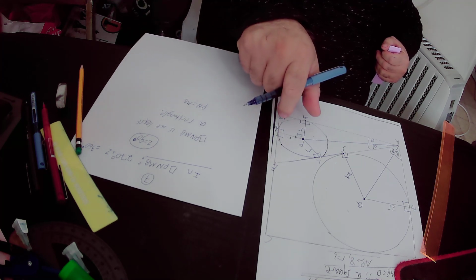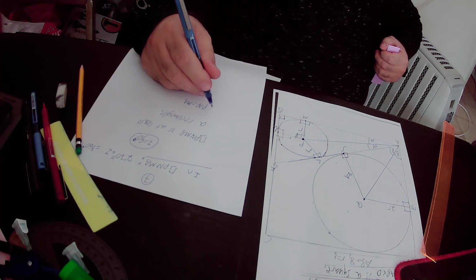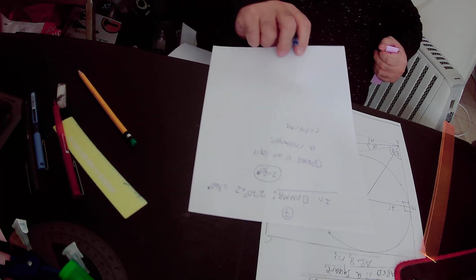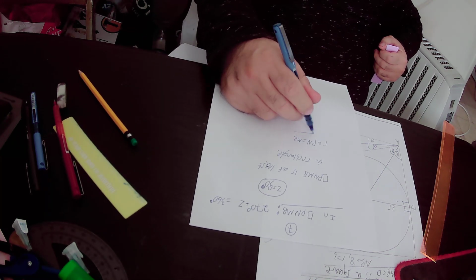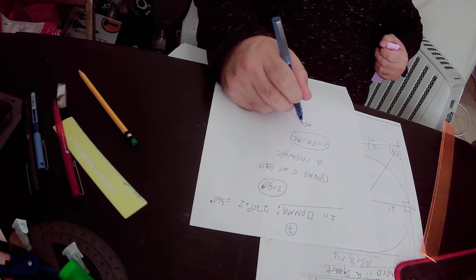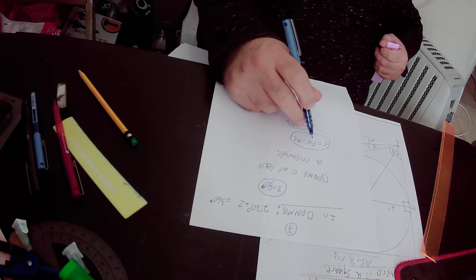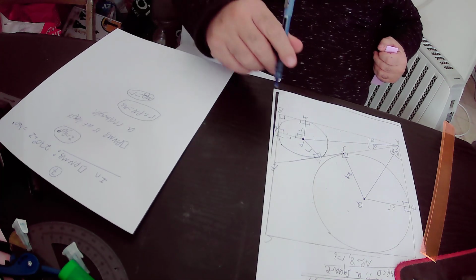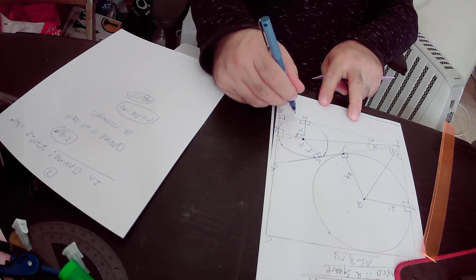But we know that PN equals R. So, from this equality, we will conclude that MB also equals R.